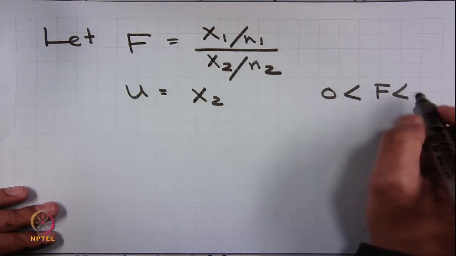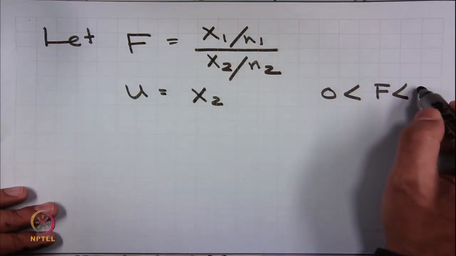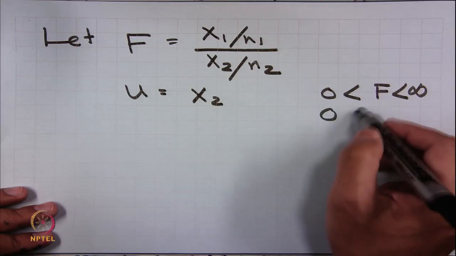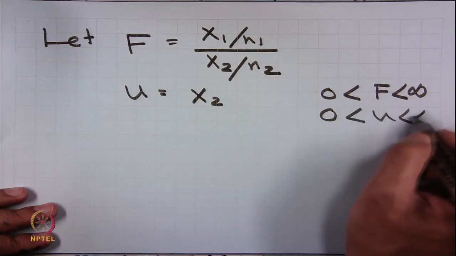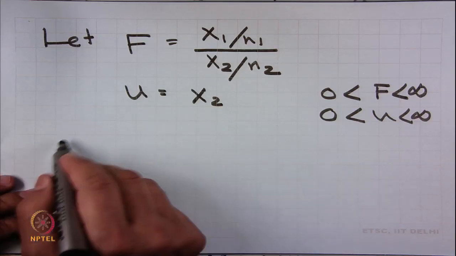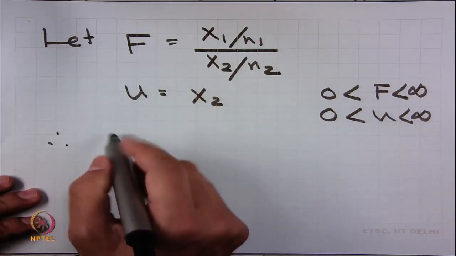As F is the ratio of two chi-squares, both of them are going from 0 to infinity. Therefore, F is also going from 0 to infinity, and obviously u is also going from 0 to infinity. Therefore, now we make the inverse transformation.